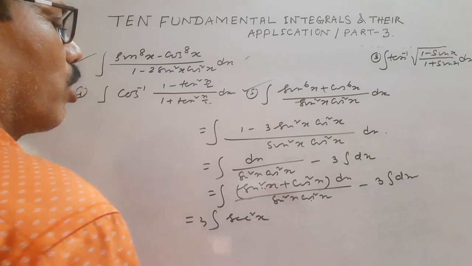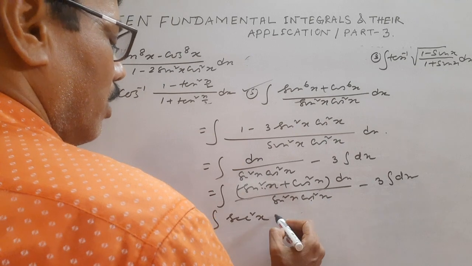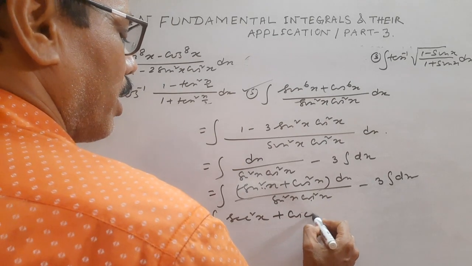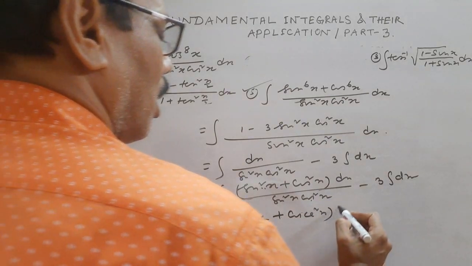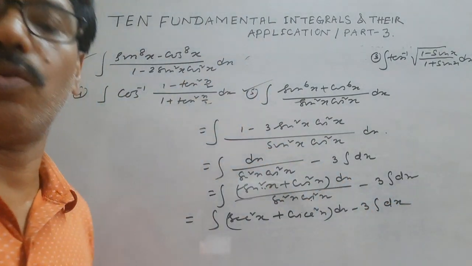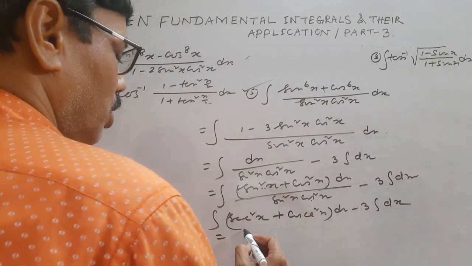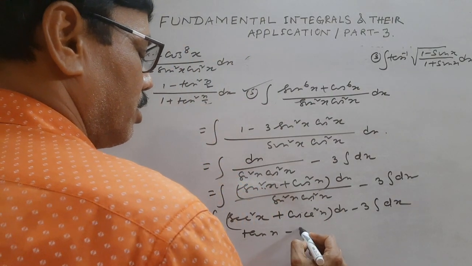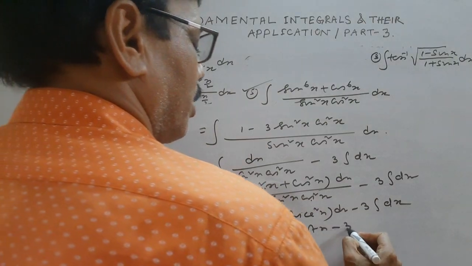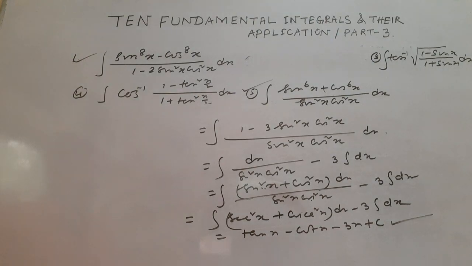This is sec square x, and this is cosec square x, minus 3 of dx. Now all are in standard form. You can put the value. So this is tan x, this is minus cot x, minus 3x plus c.